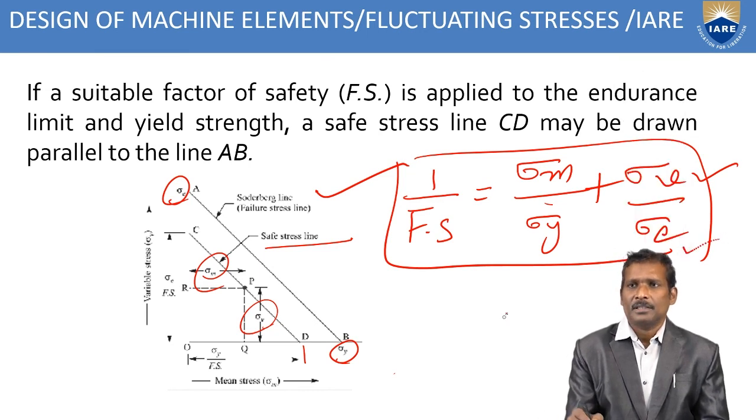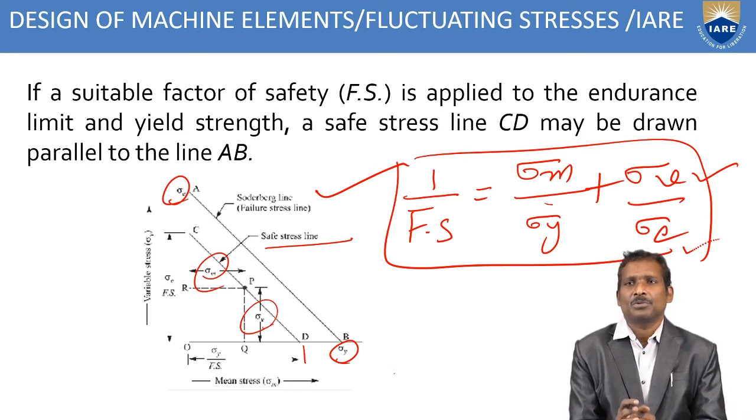This method depends upon the yield strength of the material, so it is suitable for ductile materials only. In the previous Goodman line method, it was used for brittle materials. By using these two formulas, we can calculate the fluctuating stresses.